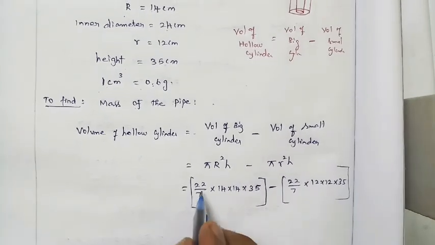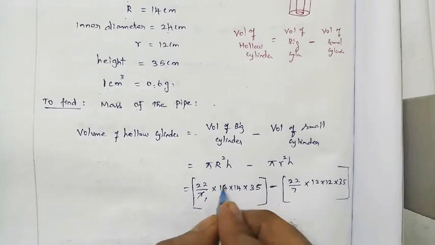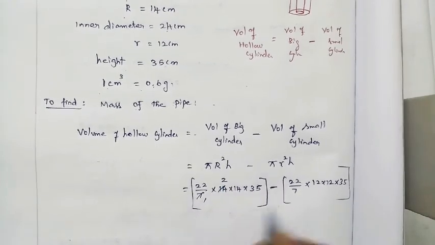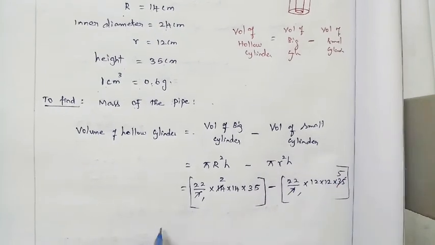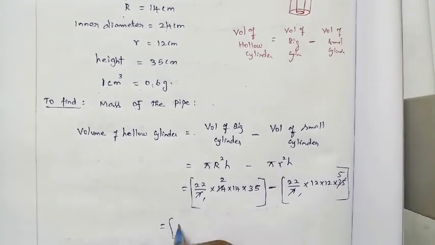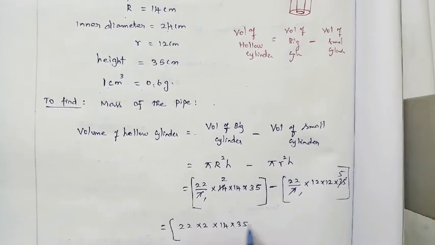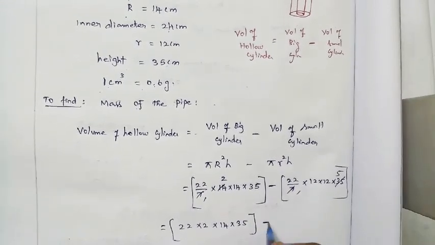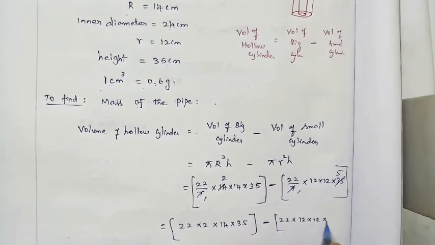Simplify. 7 table 1 times. 7 2s are 14. And here 7 table 1 times, 7 5s are 35, 5 times. So remaining, just write it: open the bracket, 22 into 2 into 14 into 35, close the bracket, minus 22 into 12 into 12 into 5.